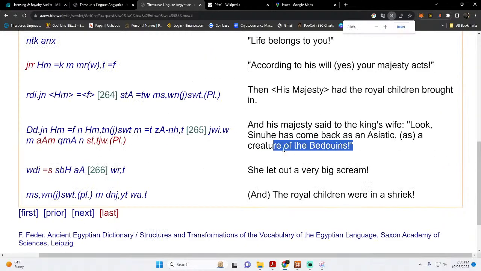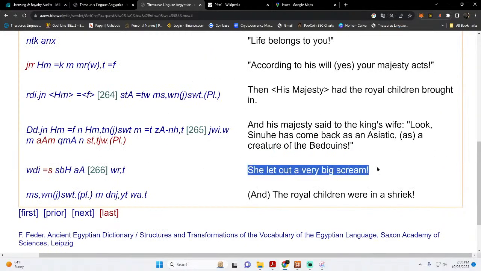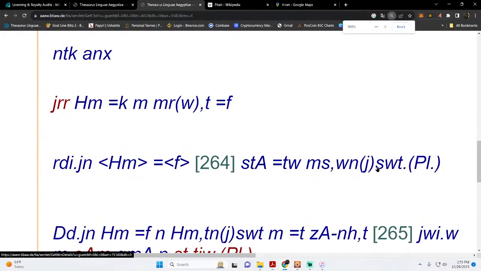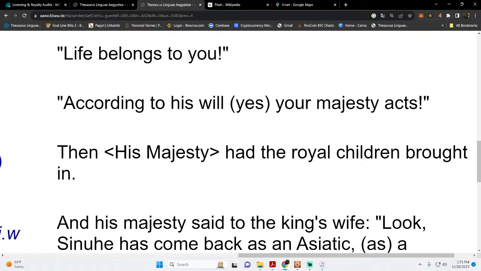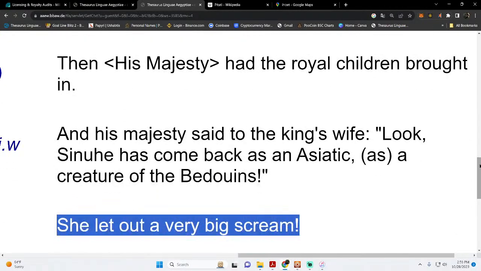What they say after that? She let out a scream. You would think I forged this into the TLA. But y'all telling me these is the people who made Egypt.